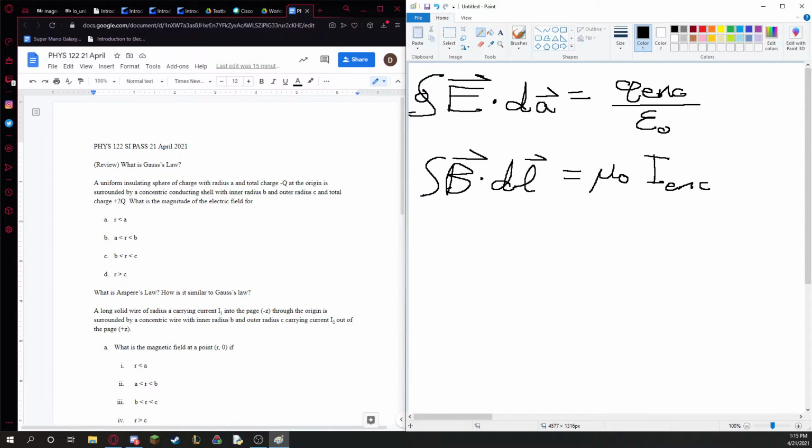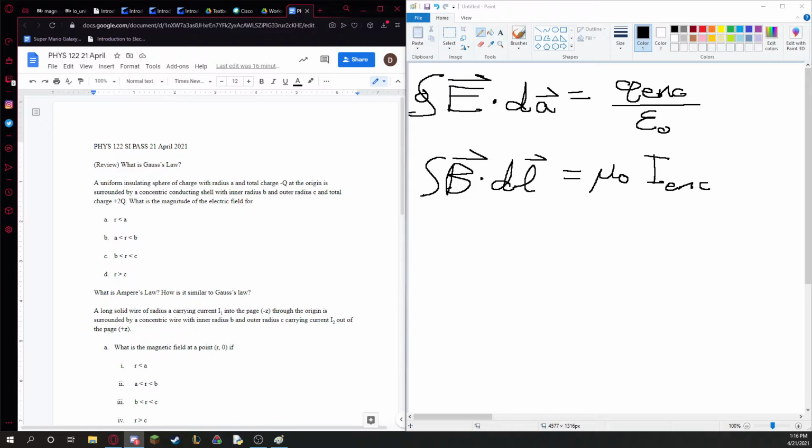How do they both use the cosine of theta? The dot product of both elements equals, for example, in Ampere's law, B dl cosine theta.